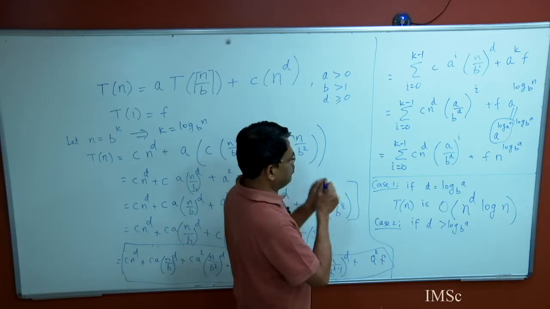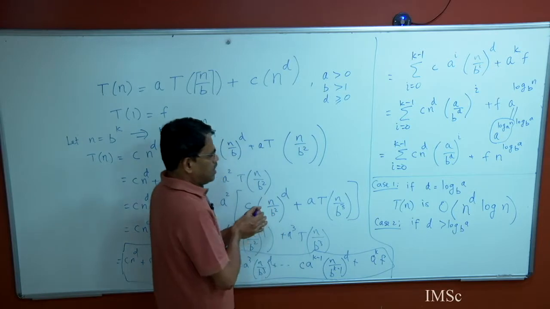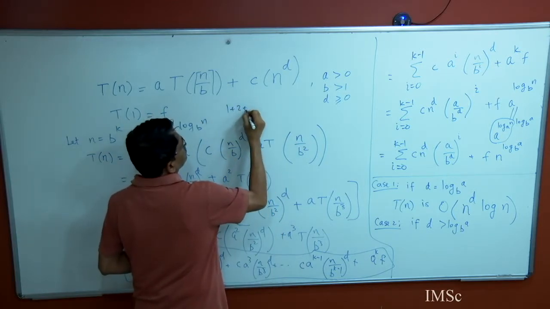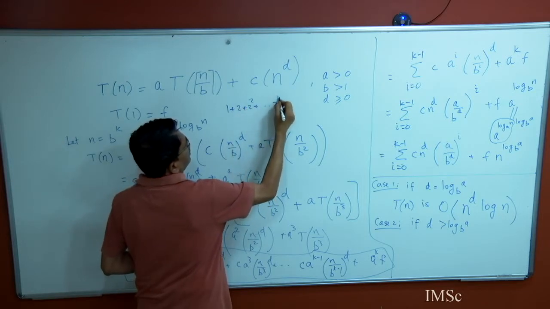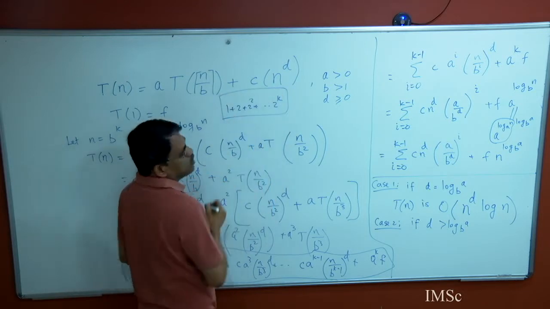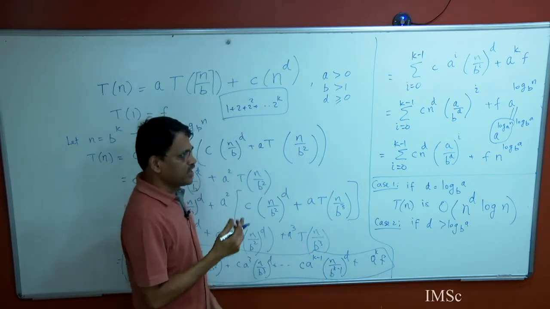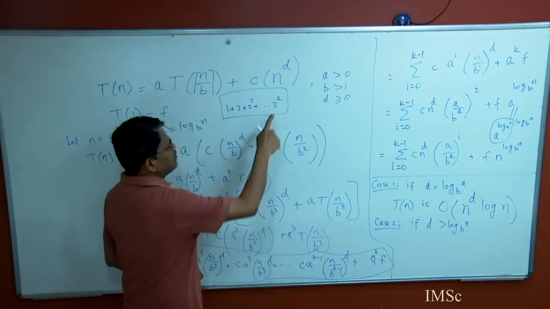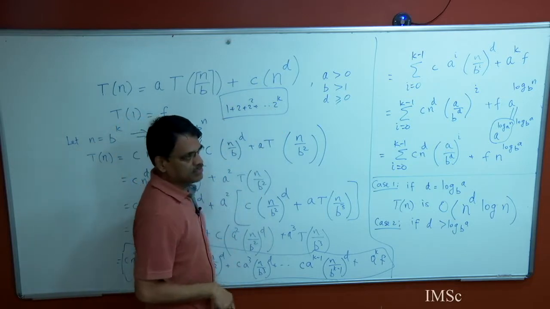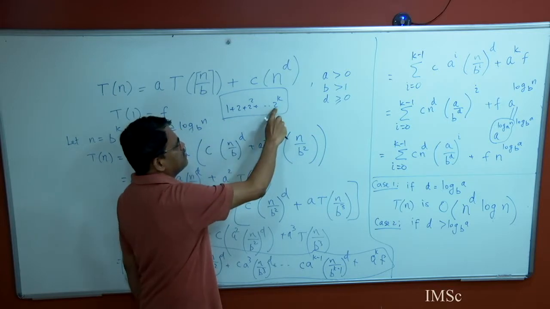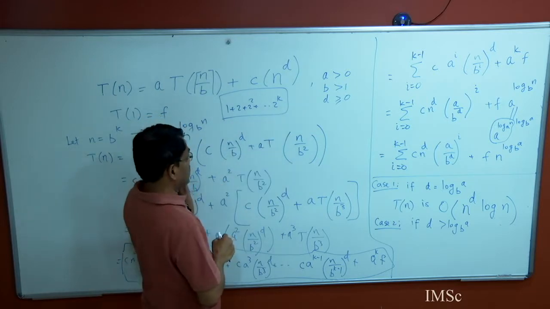Then we saw that if you have a geometric series, like 1 plus 2 plus 2 square up to 2 power k, I told you a simple heuristic is that the sum is essentially dominated by the last term. Okay, because this is increasing like this, and this last term is what it is.